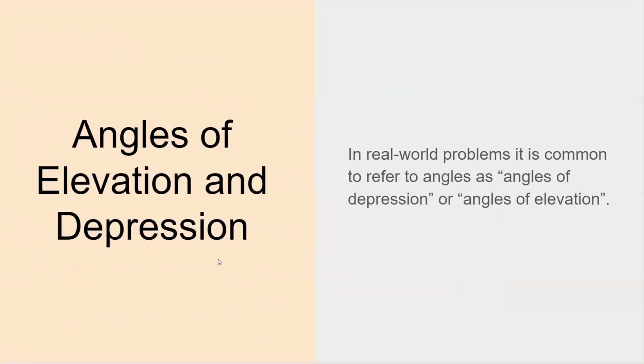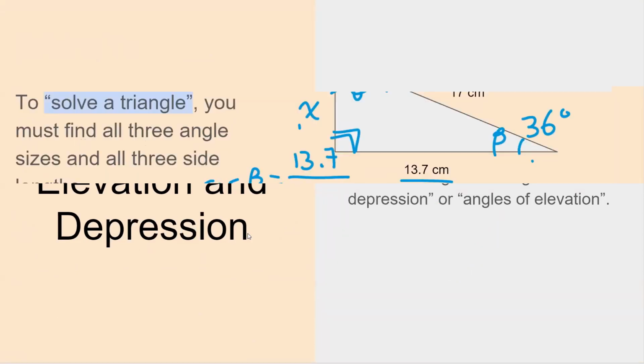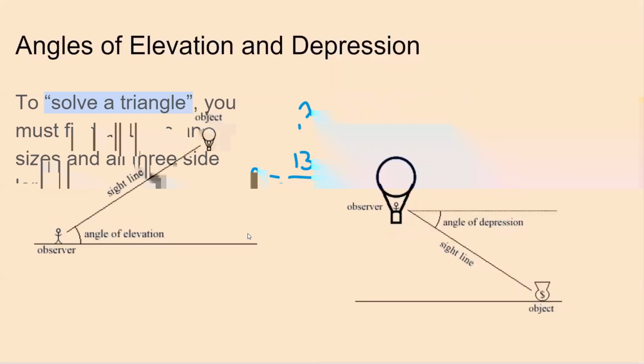Now we're going to look at something called angles of elevation and depression. In real world problems, it's common to call these angles angles of depression and angles of elevation. An angle of elevation is when you are looking at an object up high.